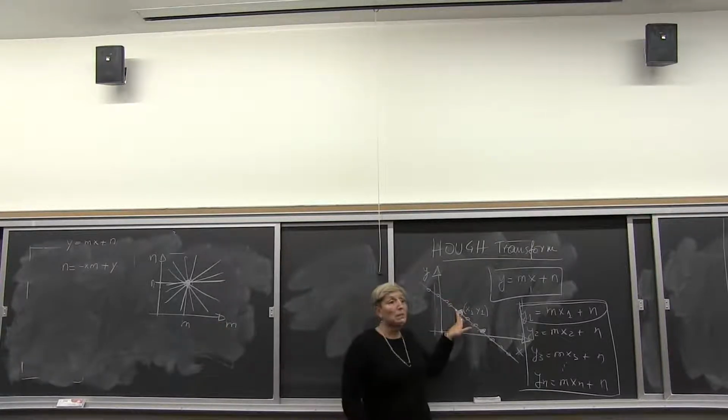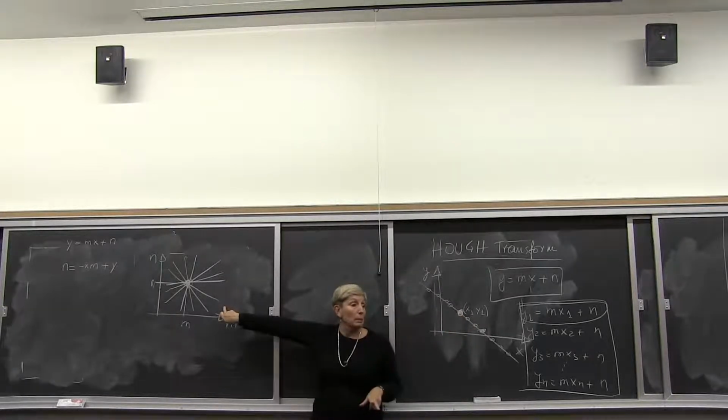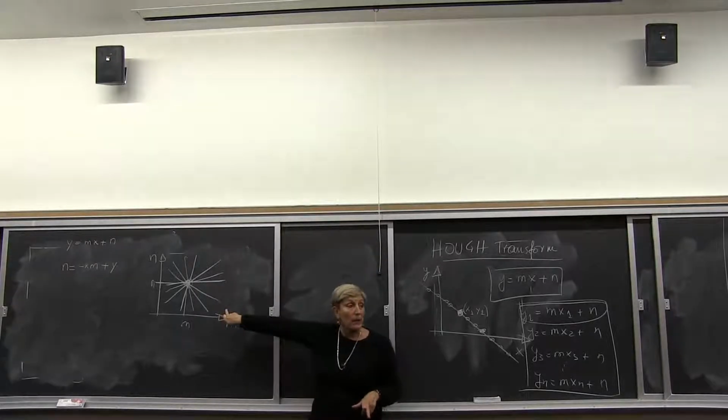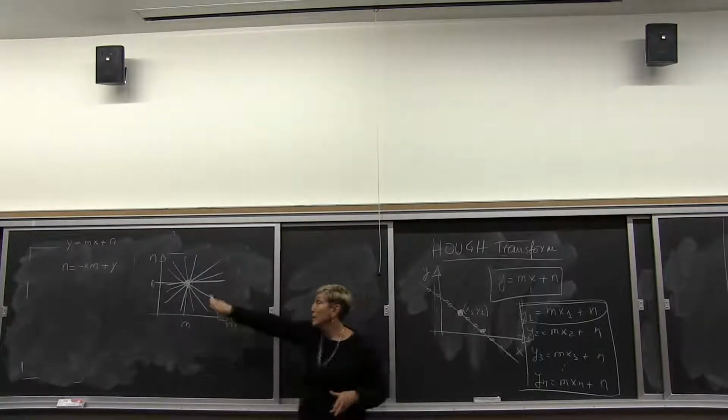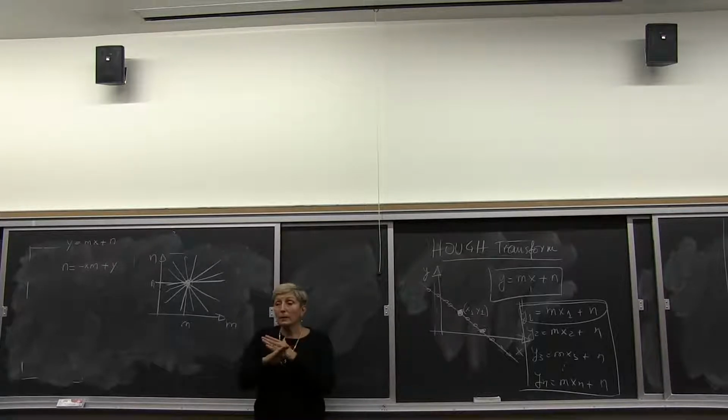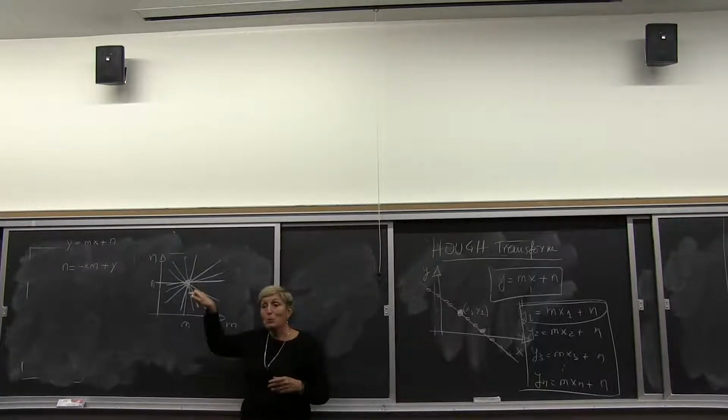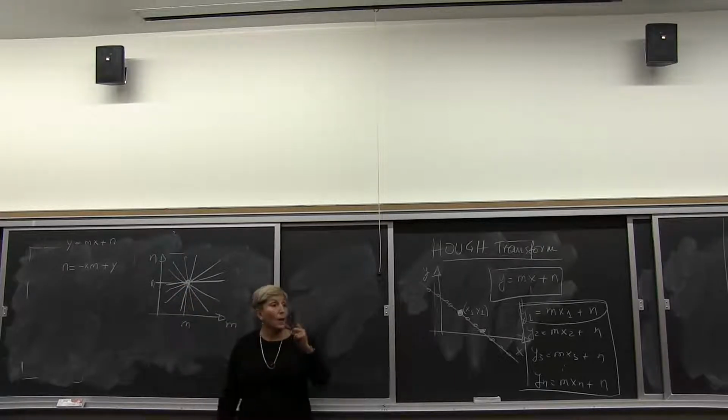Every pixel in my image that was a candidate to be an edge gave me a line in parameter space. I make this image now, and I look. If I see this kind of a star pattern, that means that all of those points that created these lines, okay, had to agree in one single pair Mn.